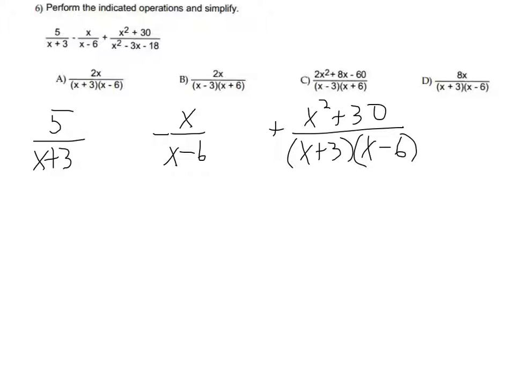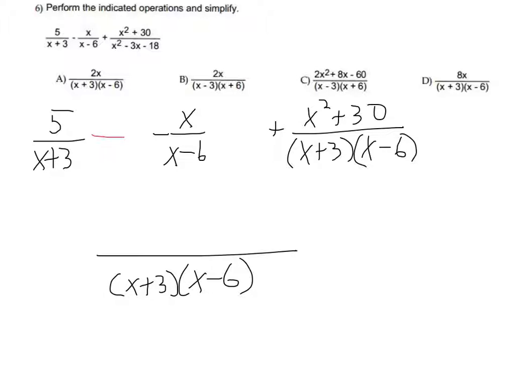Now, we do not have common denominators. This only has an x plus 3. This one only has an x minus 6, whereas this has both. So that's going to be our common denominator, both. In fact, I can draw our new answer where it's all combined together with one common denominator. This is where we're headed. We're not there yet.